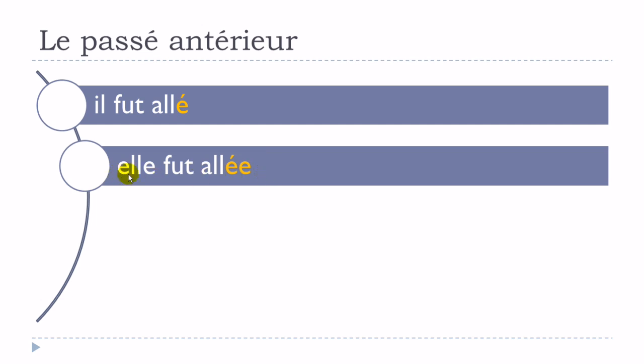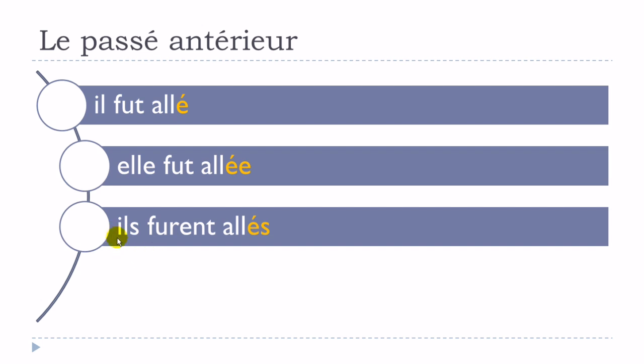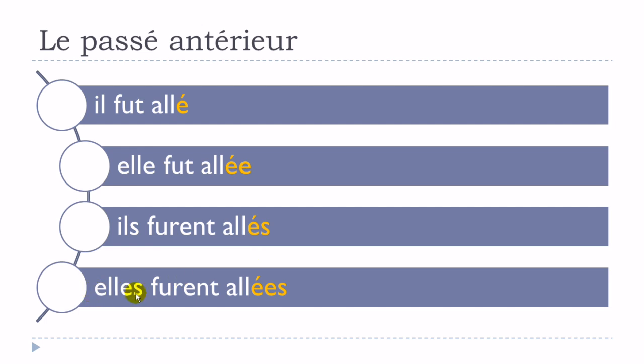In that case, you get elle, so it's the feminine singular, so you should add this e at the end for the feminine singular. And then in that case, you get the plural, masculine plural, then you should put s for the masculine plural. And here you've got the feminine plural, and you should add this e and s for the feminine plural.